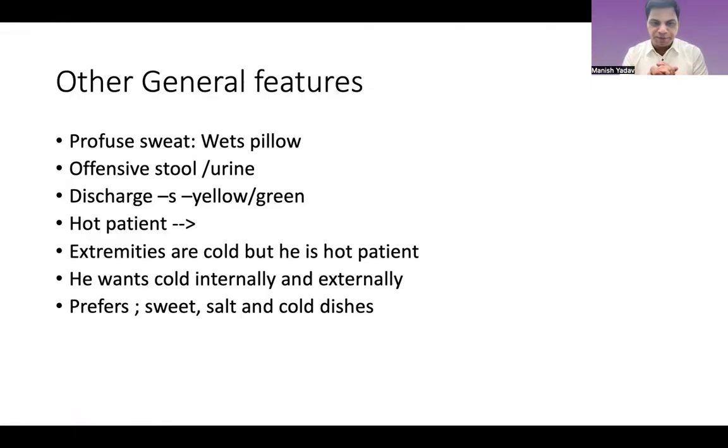And cold dishes. So I told you, he's a hot patient. He wants everything cold. Internally cold and externally cold. Internally cold means cold drinks, cold dishes, cold food. We have got remedies like Chelidonium, Lycopodium, Spongia, many others where the craving gets better with warm water and food. But this patient, Medorrhinum, likes cold dishes. They will want cold things coming up.